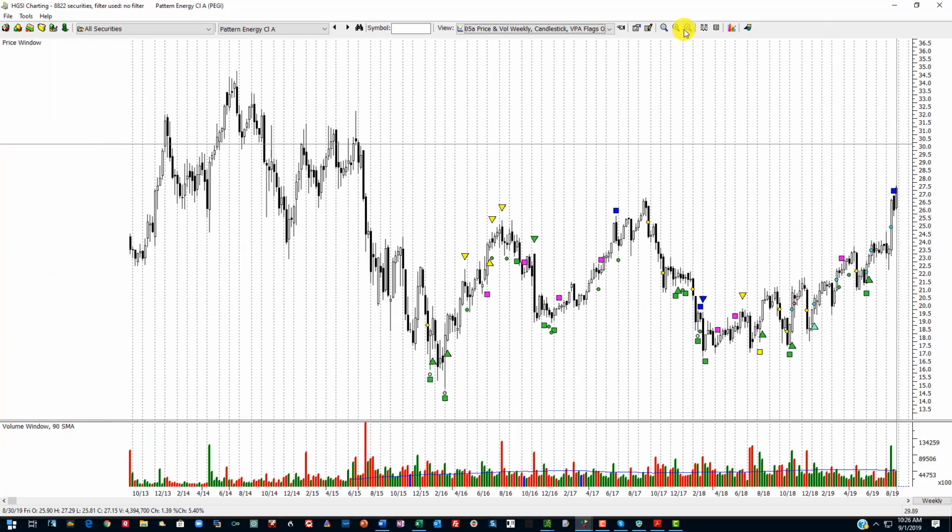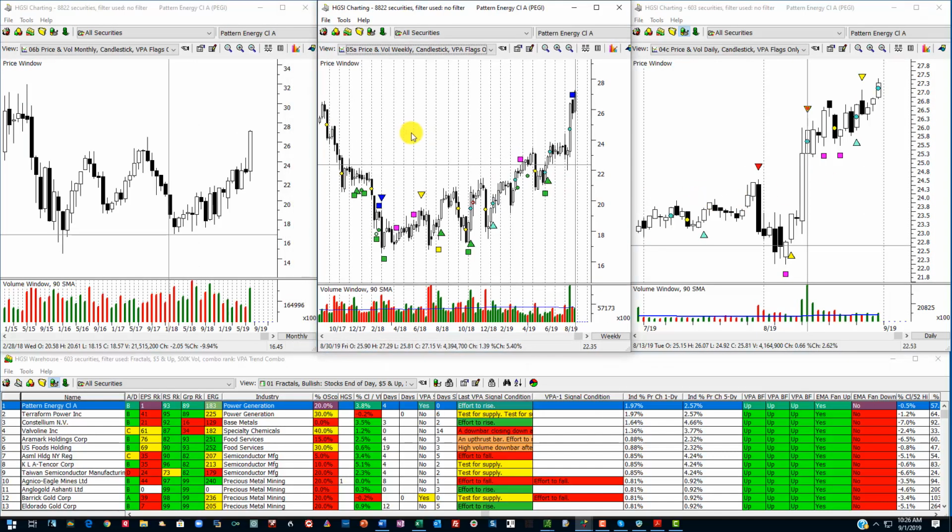Let me zoom out on this so you can see over here there are no VPA flags, but after the 120th period, then it starts generating VPA flags. And of course on the daily, this is where they'll appear first after 120 days of data have been accumulated.